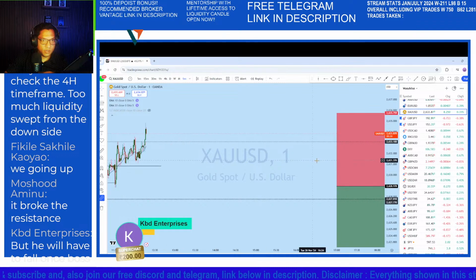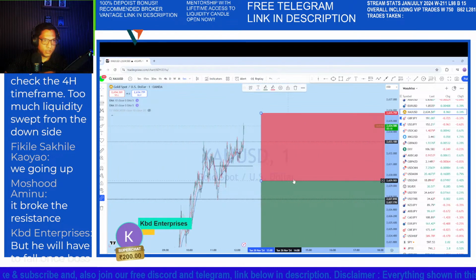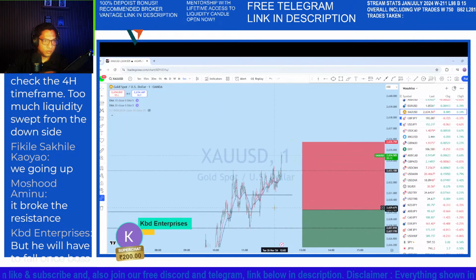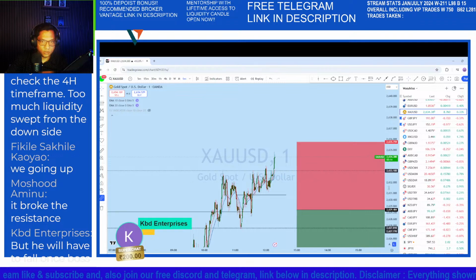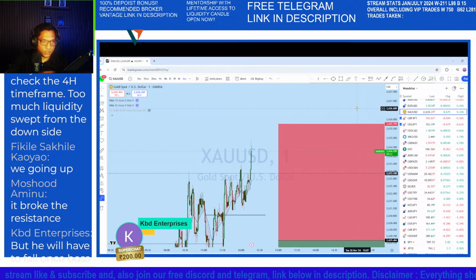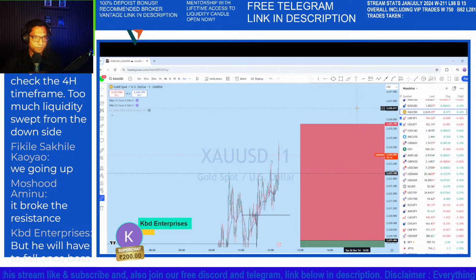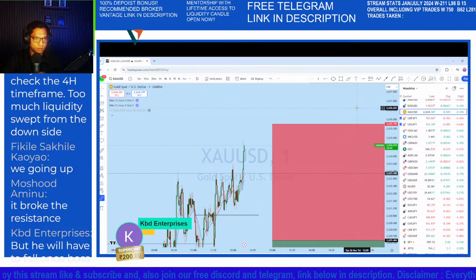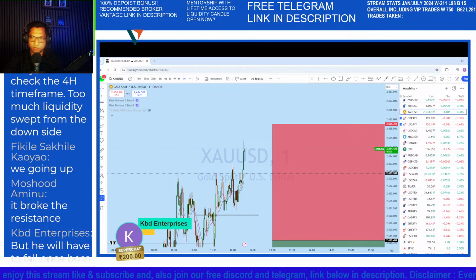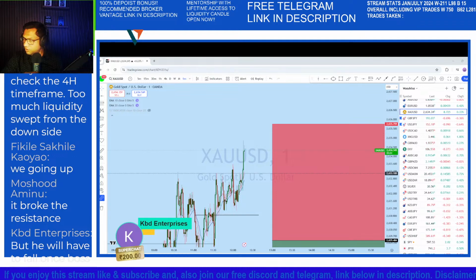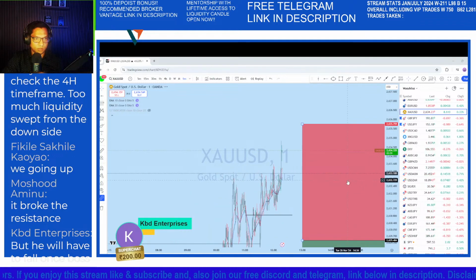But if it is returning then to the support or continuation, see how this candle is closing here. It's the last point that we can look for potential return.